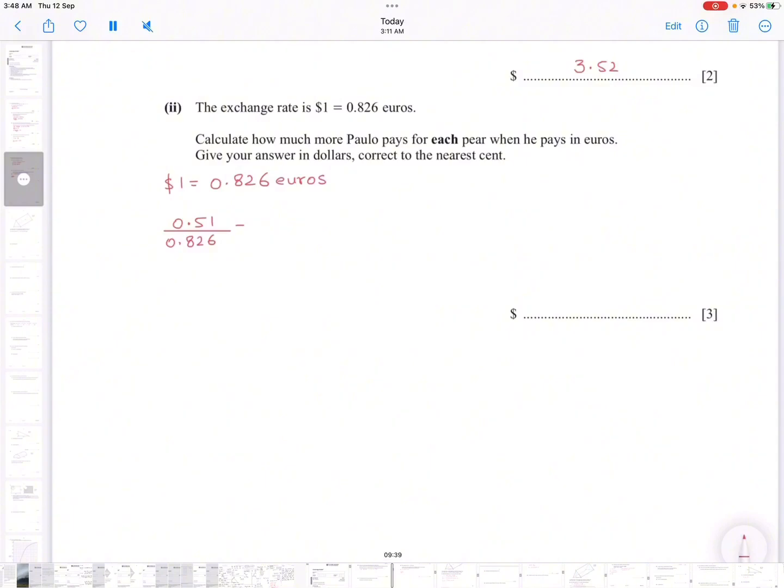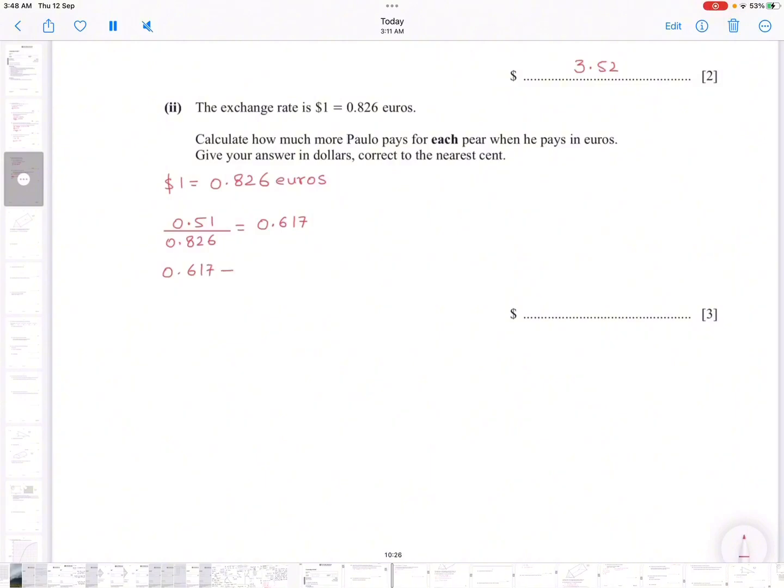We are dividing it because whenever you want to move from smaller value to bigger value, you have to divide it, and from bigger value to the smaller one or the weaker one, you have to multiply it. So this is 0.617.